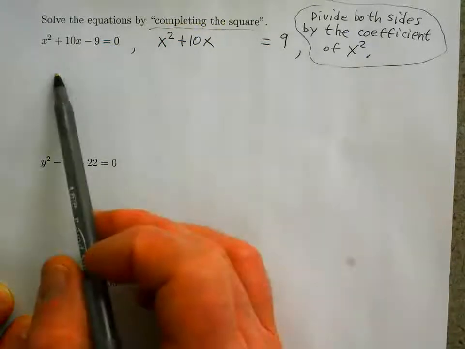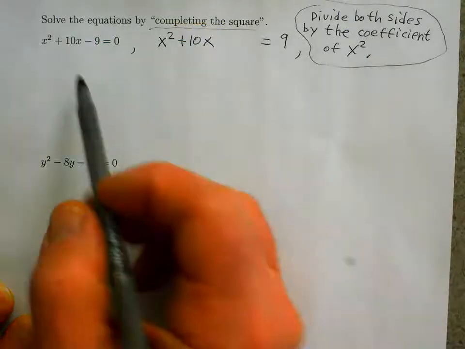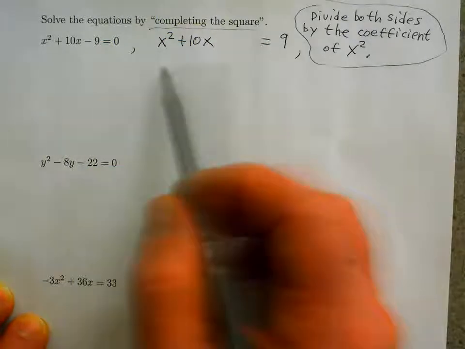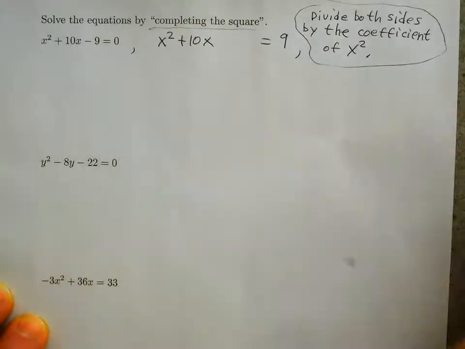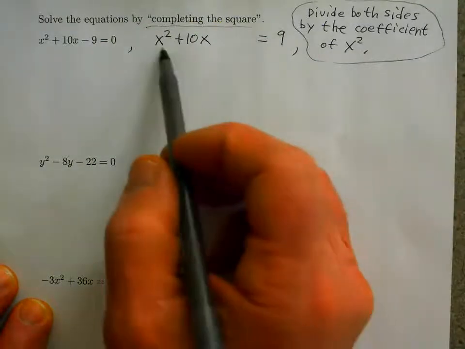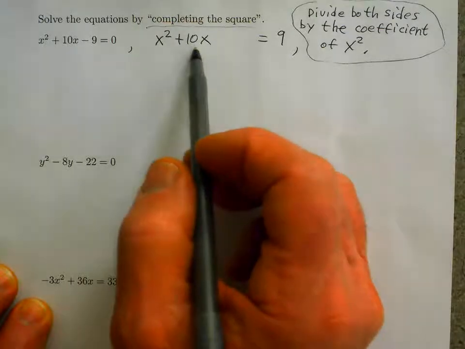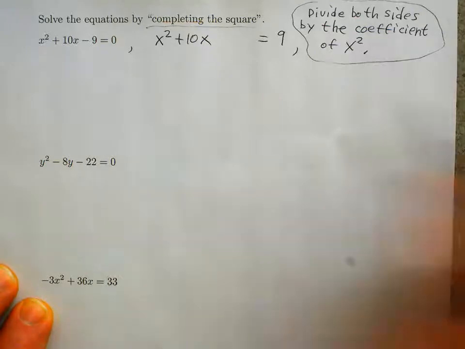The next step is the completing the square step. Now we're going to add a number to both sides of the equation so that the left-hand side is a perfect square trinomial. Well, that's what we were practicing earlier. What would I have to add to x squared plus 10x to get a perfect square trinomial?